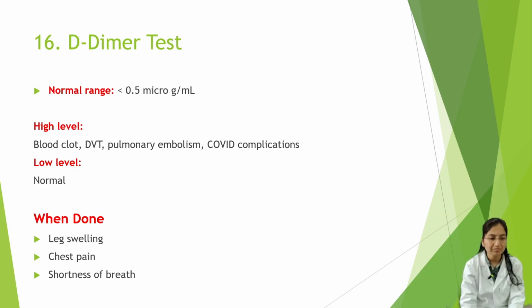Next we'll see another test, that is D-dimer test. Normal range is less than 0.5 microgram per ml. If this level increases, we can see blood clot, DVT, that is deep venous thrombosis, pulmonary embolism, and some COVID complications.